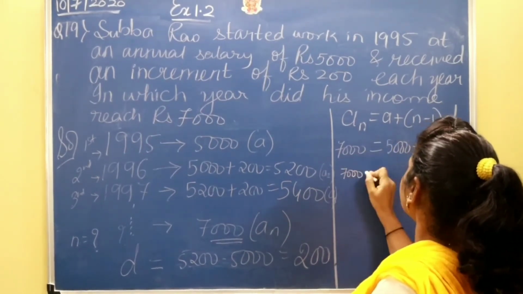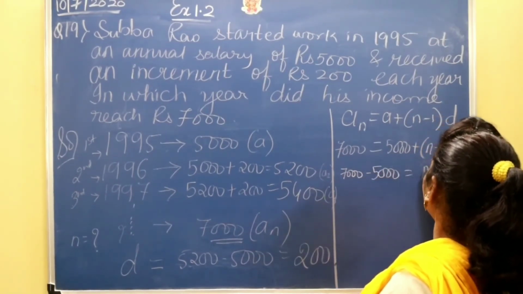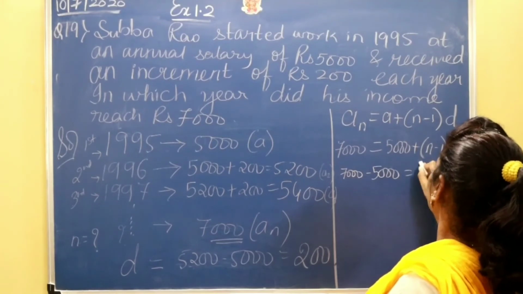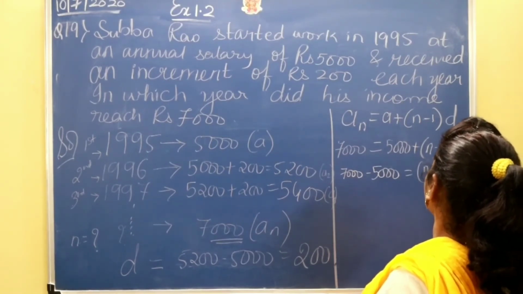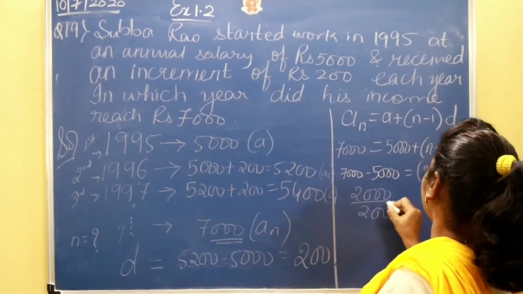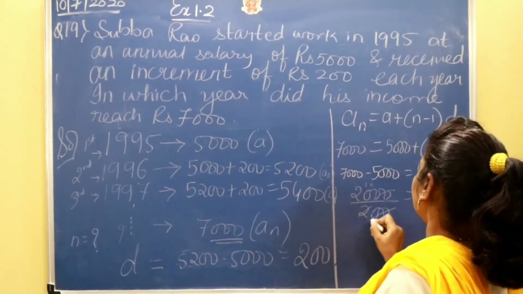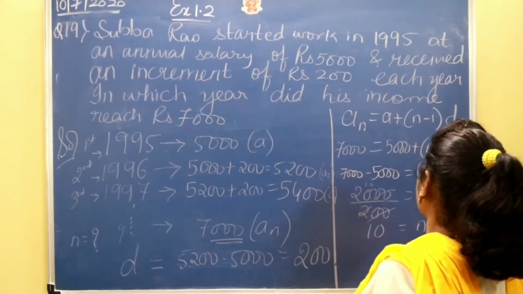So this will be 7,000 minus 5,000 is equal to N minus 1 into 200. So this is 2,000 divided by 200 equal to N minus 1. So 2 ones are 2, 2 tens are 20, so 10 is equal to N minus 1.